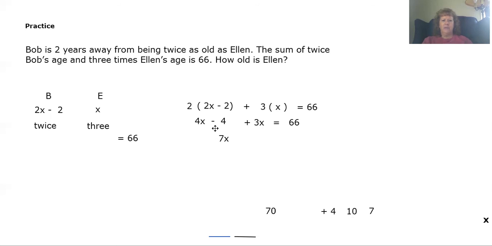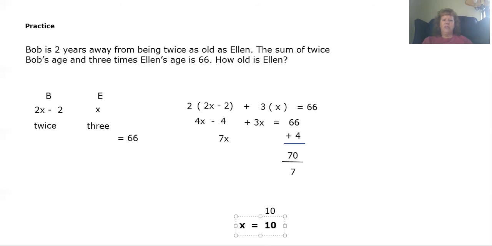And instead of subtract 4, if I add 4 on both sides, 66 plus 4 will be 70. And then if I separate these multiplied items by dividing, I'll divide by 7, and that will be 10. So Ellen is 10. And that's what it asks for. How old is Ellen?